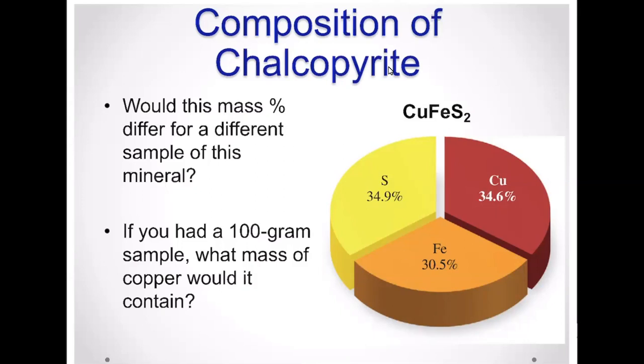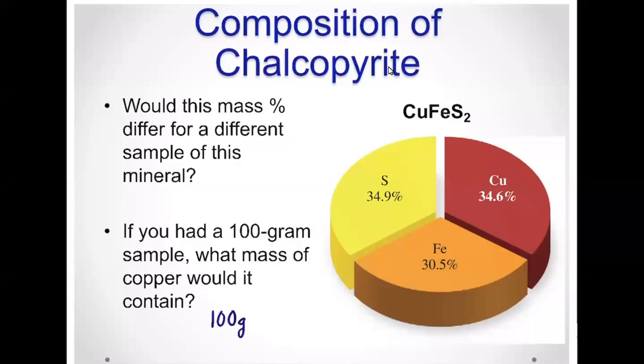So if you had a 100 gram sample, what mass of copper would it contain? If we had 100 grams, and since it's the same mineral, chalcopyrite, it should contain 34.6% copper. Let's write it out.